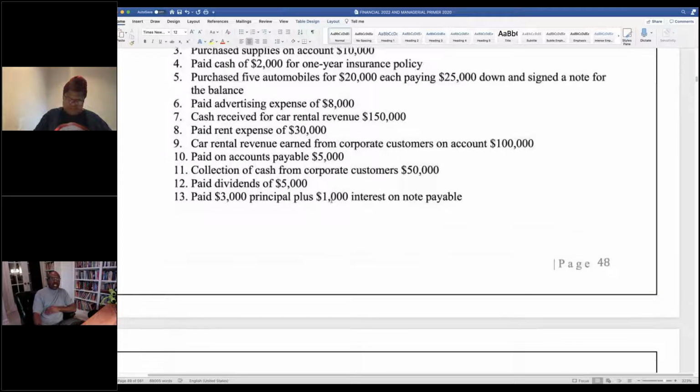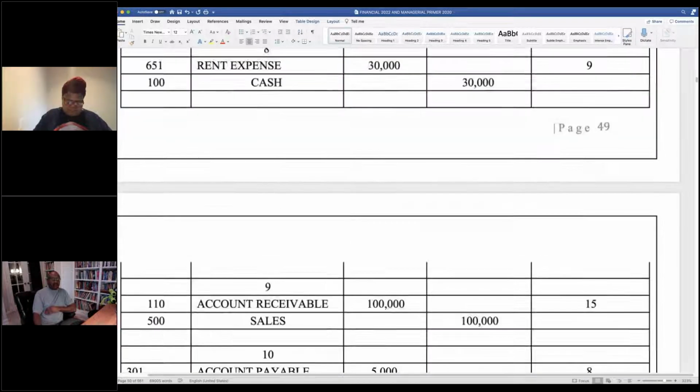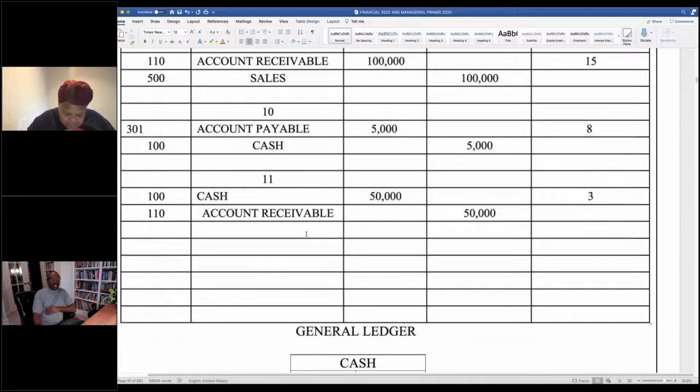What type are we talking about here? Would that be 10? 10, payment of the dividends. So we're going to debit dividends.